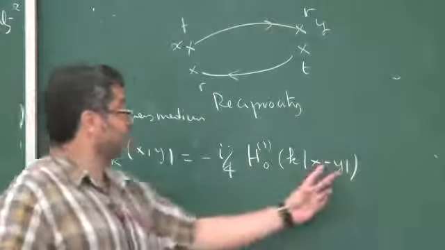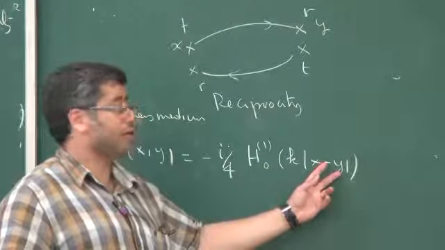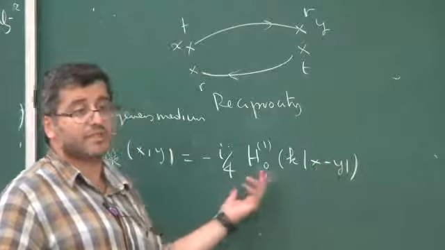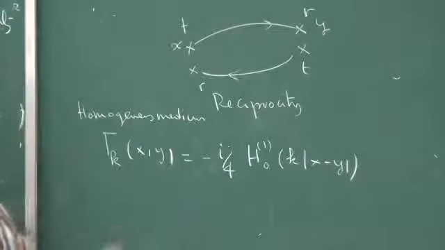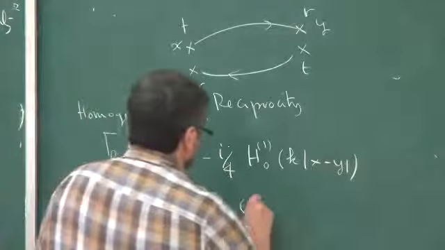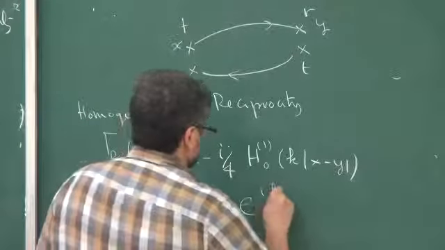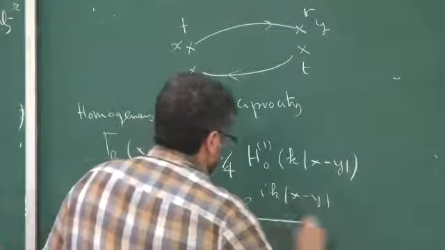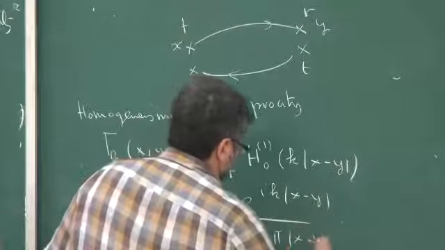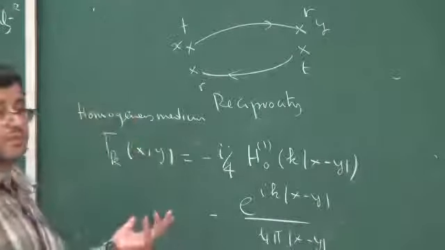So if you change x and y into y and x, it's the same function. Okay. 3D is the same: e^(ik|x minus y|) over 4 pi |x minus y|. So this is the reciprocity.